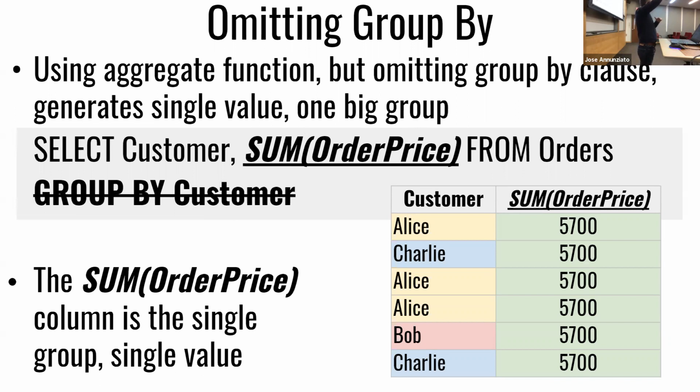So when you do the select customer, and if you have a where clause, then out of 40,000 records of customers, maybe you identify 1,000 customers. But if you don't put the group by, it'll consider that 1,000 customers as one single group, and whatever sum, it'll sum all of them together, for all the values.